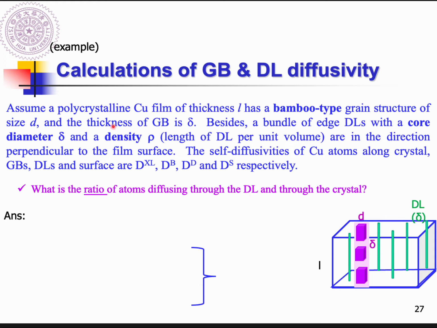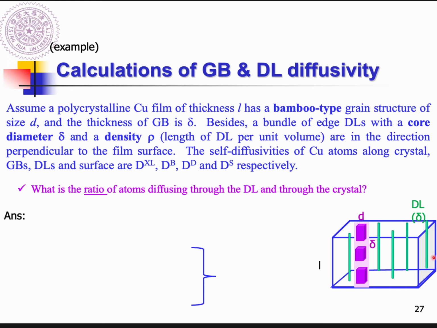Based on the question, we know the diffusing atoms will deposit on the top of this polycrystalline film and diffuse downward.